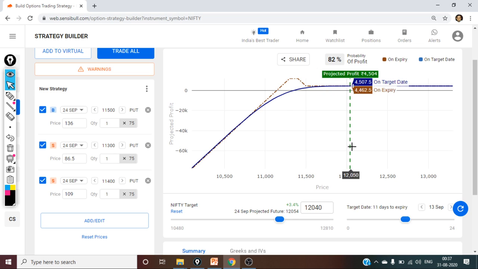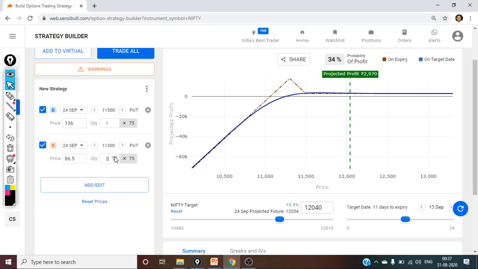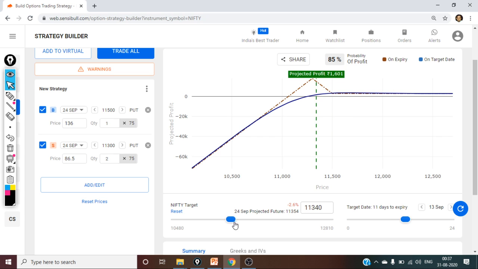We are going to make money. Right away you can create a ladder or you can create a ratio spread, by increasing the quantity on the 11,300 strike. You short one, short another. Still you will be on credit and you can see your break even will be much lower.